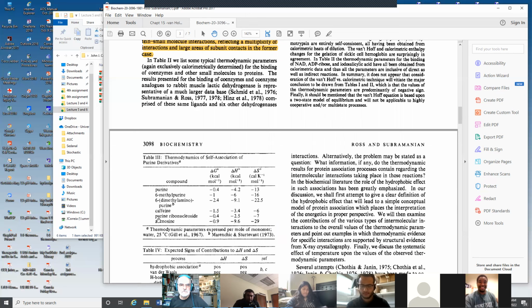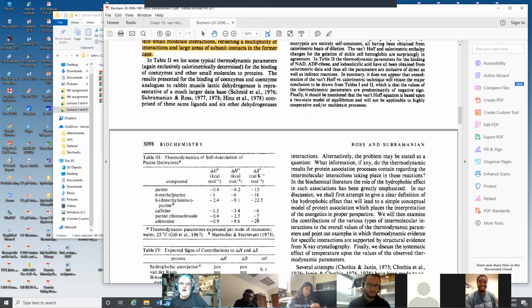Okay, so the rings in a purine derivative, you know what purines are from your understanding of DNA base structure. These purines will stack very weakly. They have very weak free energies, favorable but small. They will tend to have negative enthalpies. They will tend to have negative entropies.